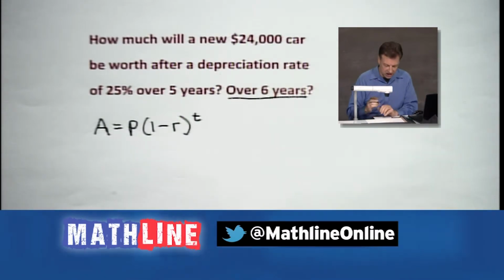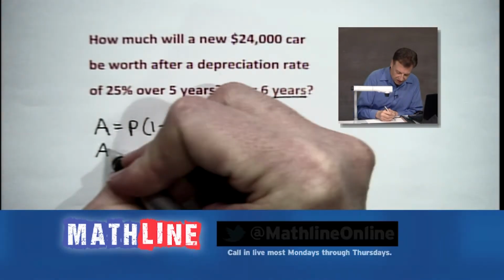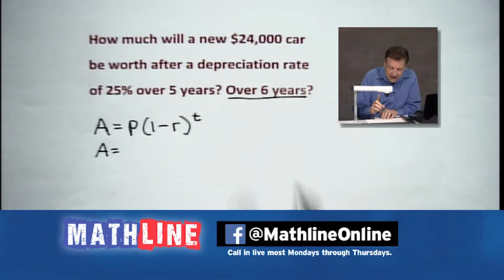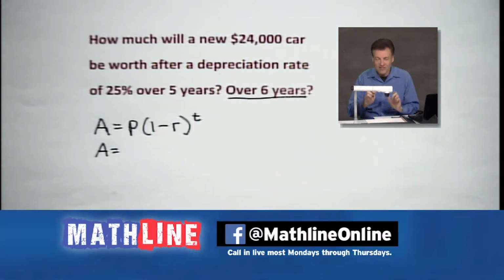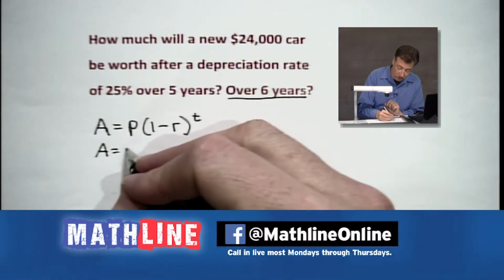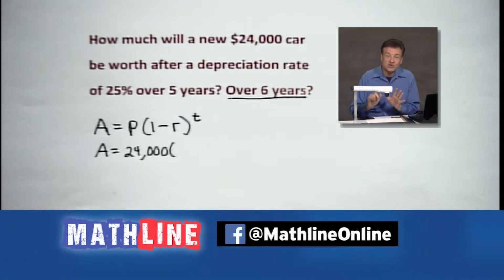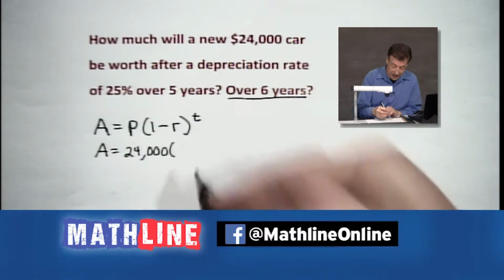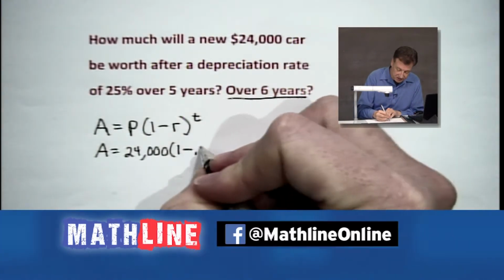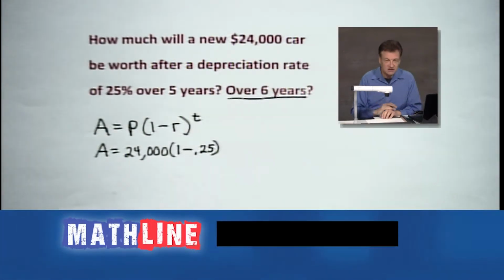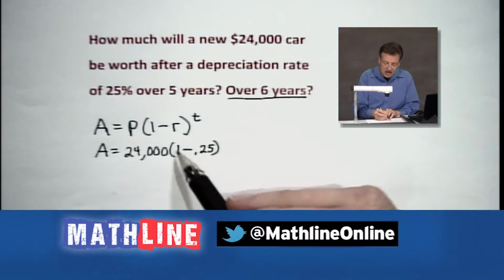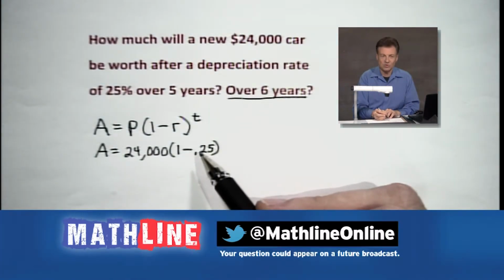Let's take a look at what happened with our value here. First of all, P is 24,000, 24 grand. That's what you're starting with. So we put in 24,000. We're also going to say 1 minus 25 hundredths, 0.25. That gives us 75 hundredths, 0.75.